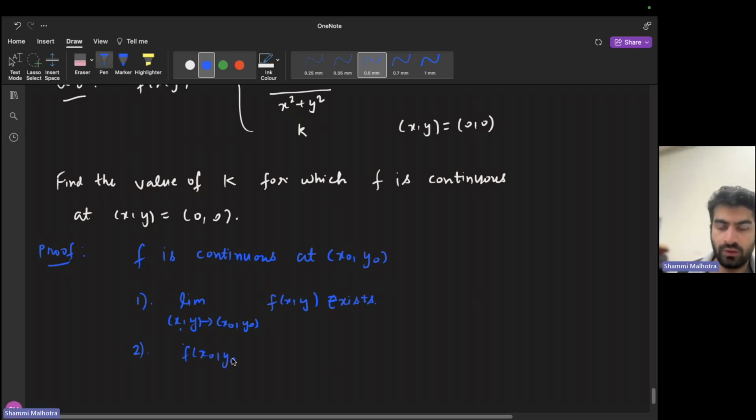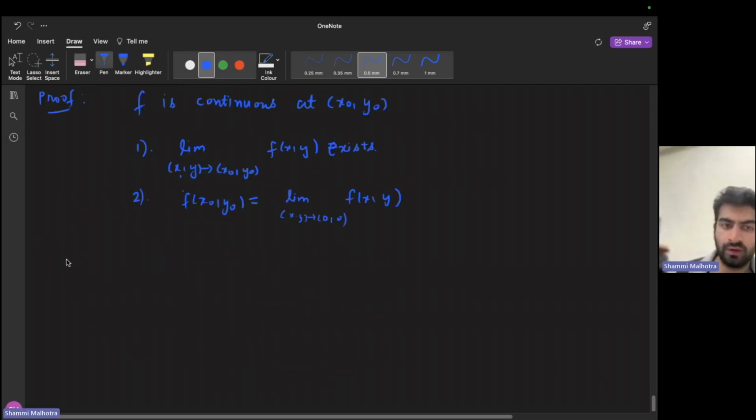So since this exists, I can consider this value and see if it turns out to be equal to the value at the point at which I'm checking continuity. So the value of the function at that point has to be equal to the double limit which I have calculated. If these things are equal, we say my function is continuous at point (x naught, y naught).